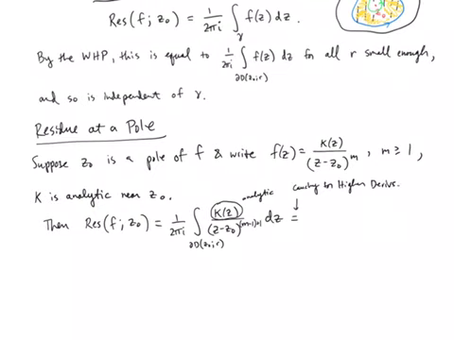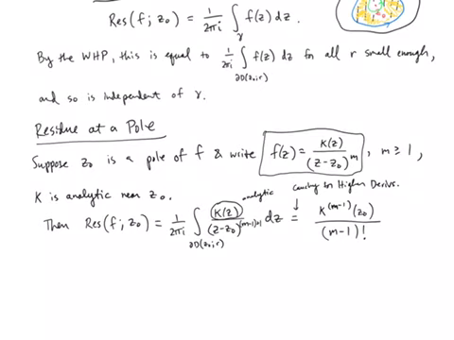And what we find is that this is the (m minus 1)th derivative of k at z0 divided by (m minus 1) factorial. So this is already quite a useful formula for the residue of a function at a pole. If you have your function f written in this form, this can be a very useful formula for computing the residue.